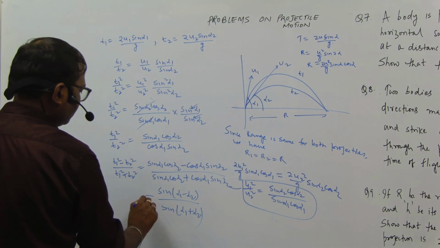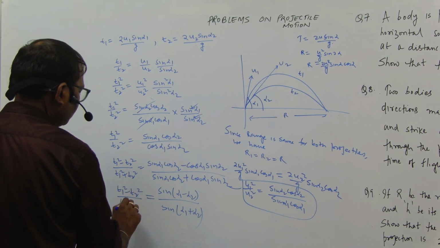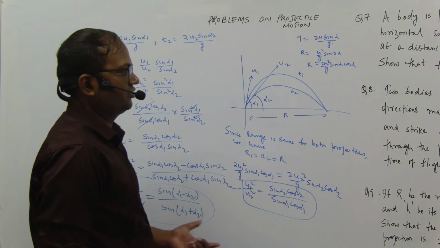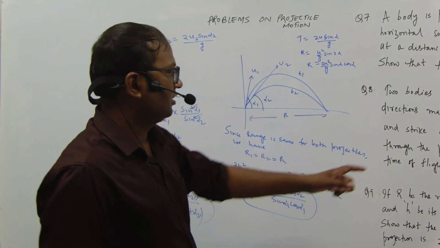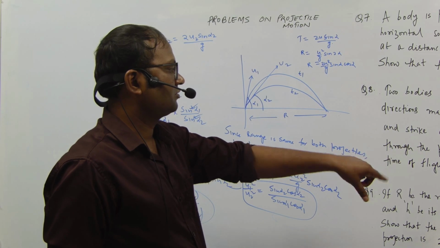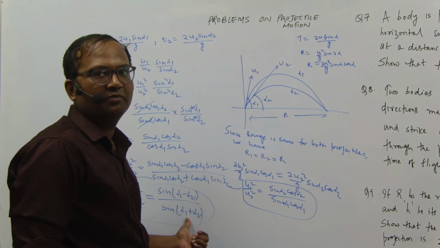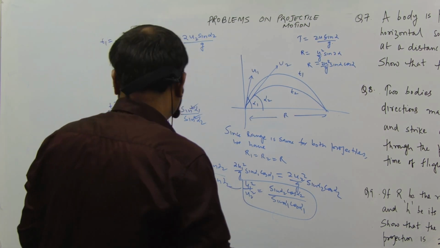So this is equal to T1 square minus T2 square upon T1 square plus T2 square, which is what is being asked in the question. So we have proved that T1 square minus T2 square upon T1 square plus T2 square is equal to sine alpha 1 minus alpha 2 upon sine alpha 1 plus alpha 2. Okay, let us discuss question number 9.